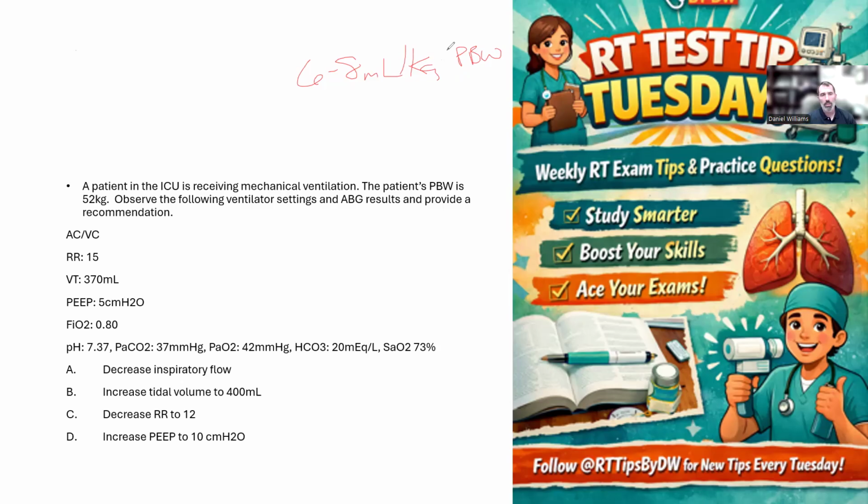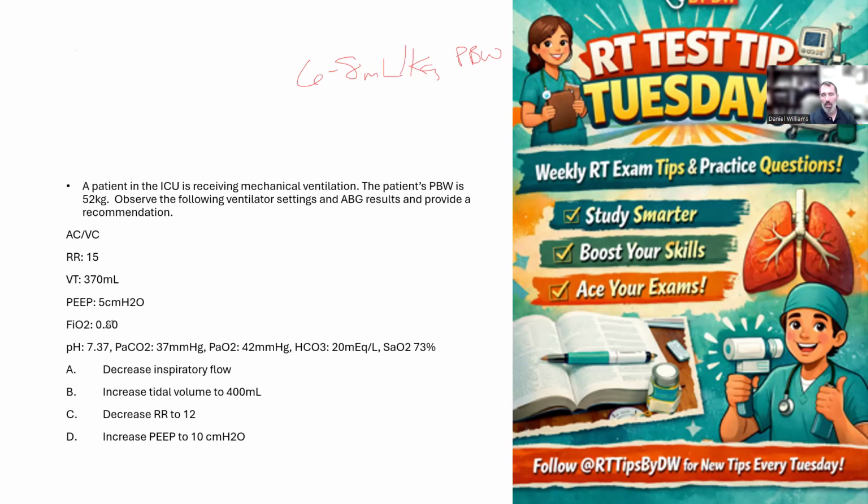It asks us to observe the following ventilator settings and ABG results to provide a recommendation. So we're in assist control, volume control. That's good. We have a respiratory rate set of 15 breaths per minute, a tidal volume of 370 milliliters, a PEEP of 5 centimeters of water pressure, and an FiO2 of 80%.